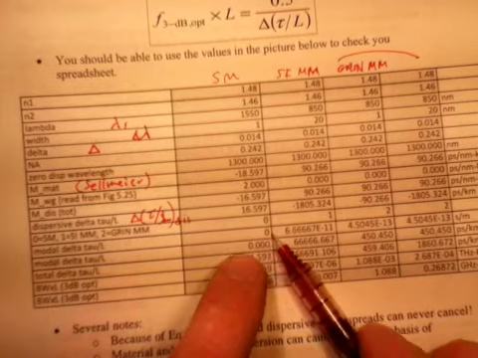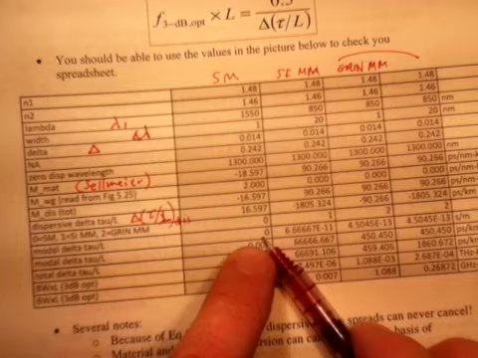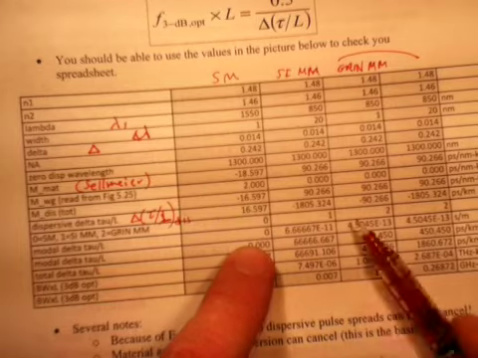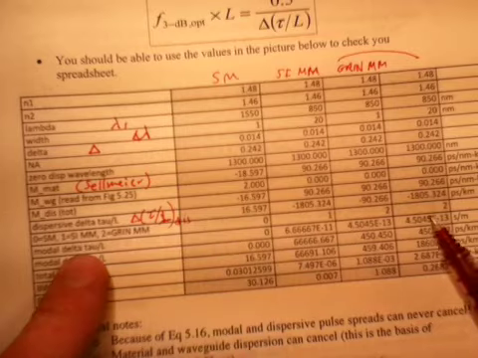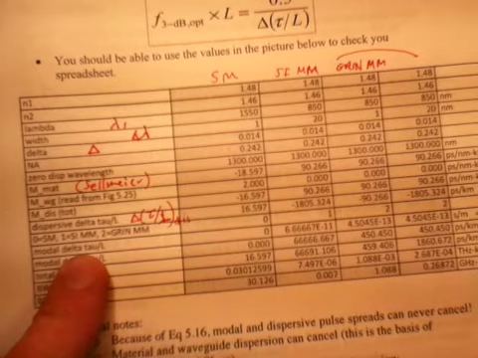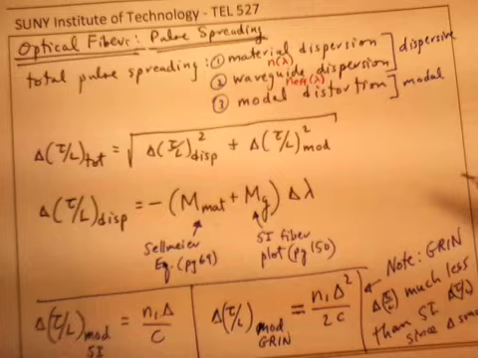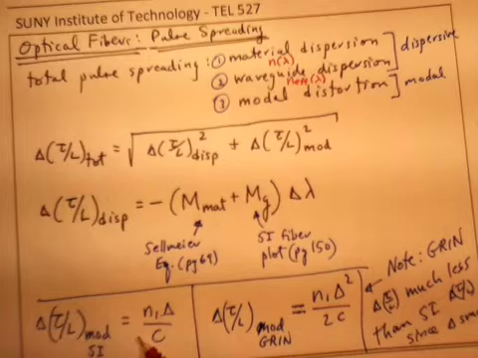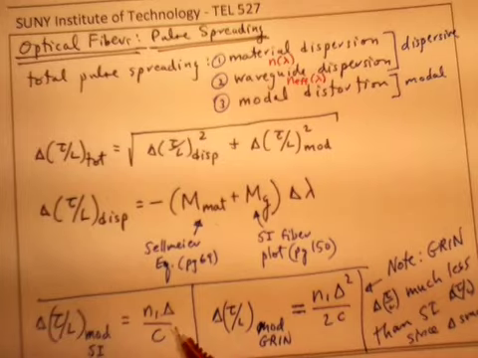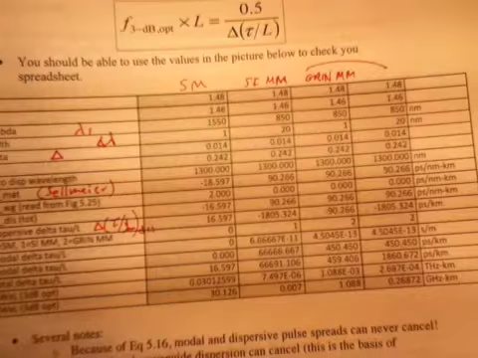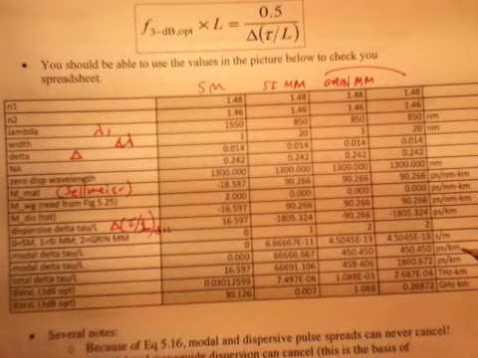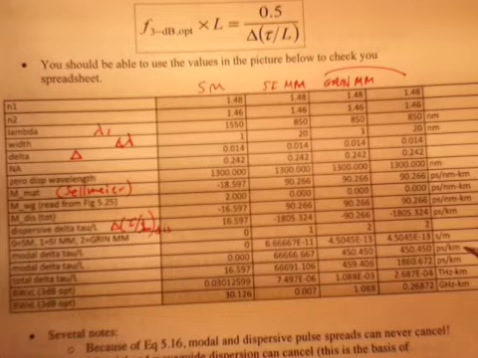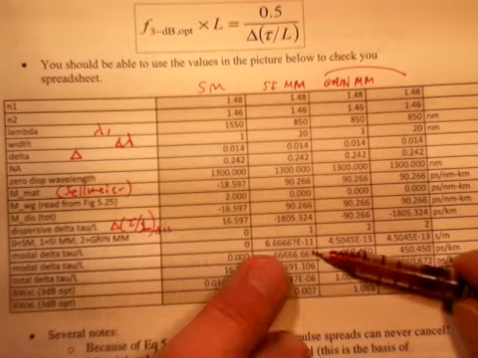So I just have an if statement which gives me either 0 or applies one of those two equations to get the modal delta tau by L. The modal delta tau by L calculation is tricky because when you plug in the units, you're going to get seconds per meter, and you've got to switch the units over to picoseconds per kilometer. It can be tricky, but it is straightforward, and my spreadsheet does that for us.